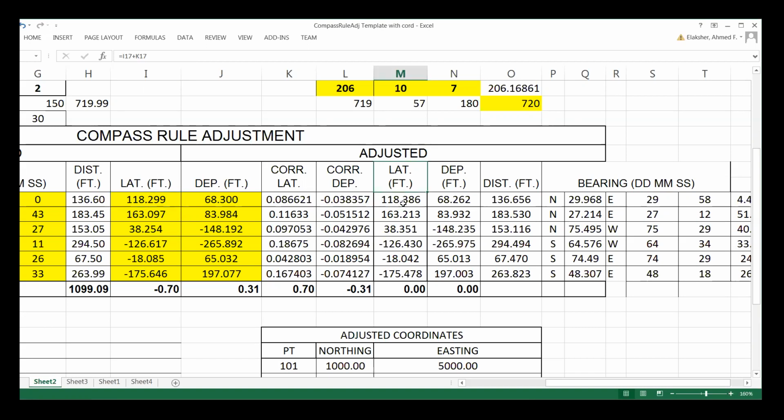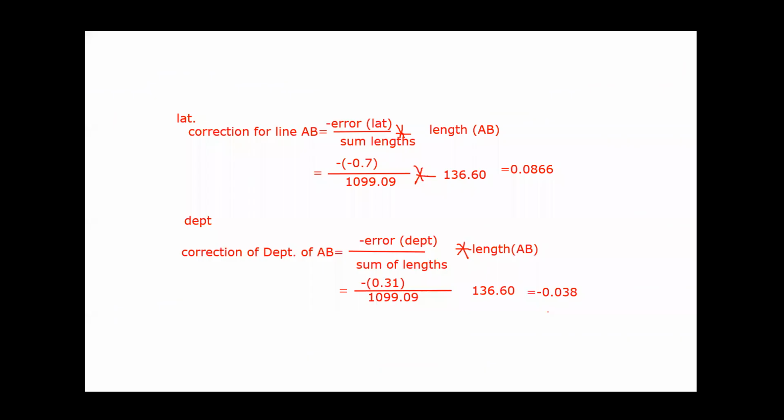So this cell here is just adding the latitude as is with the correction. That gives you the corrected latitude. So to illustrate this, let's say the latitude equals 100.05. Your correction is positive 0.04.